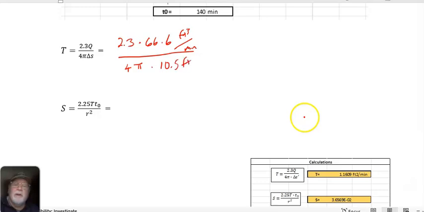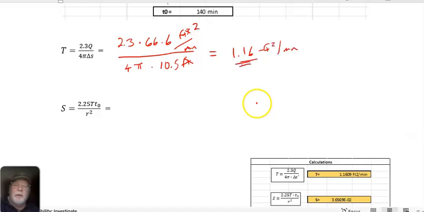So the units are, this one feet cancels out 2 of those there. So it's feet squared per minute. And I have it copied down here, 1.16 feet squared per minute.